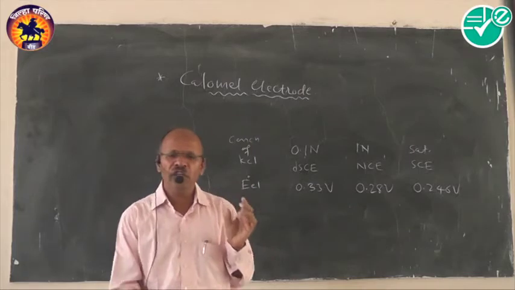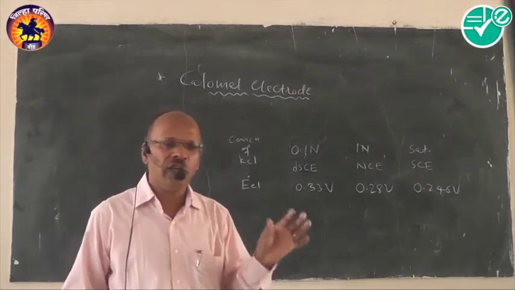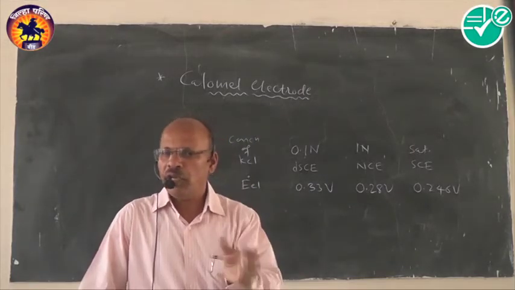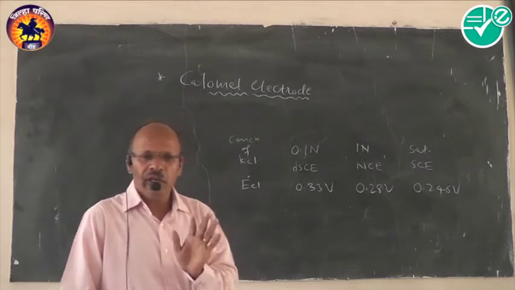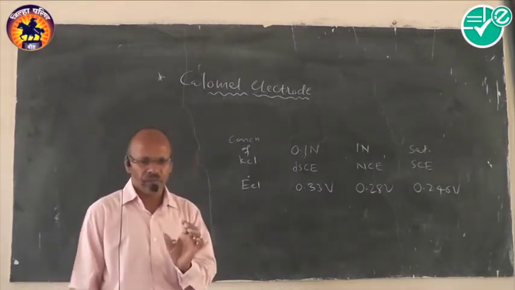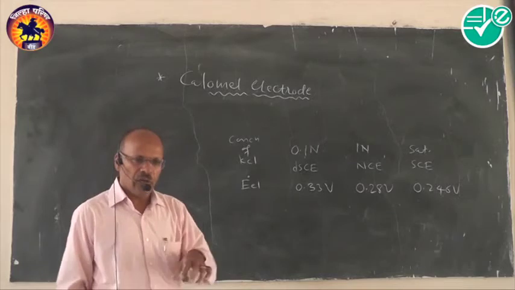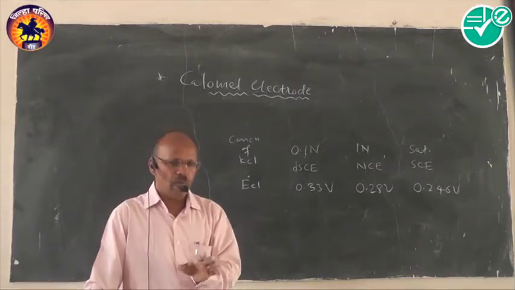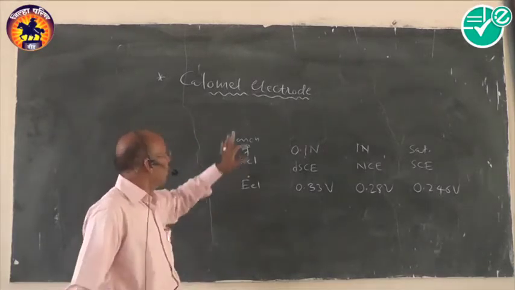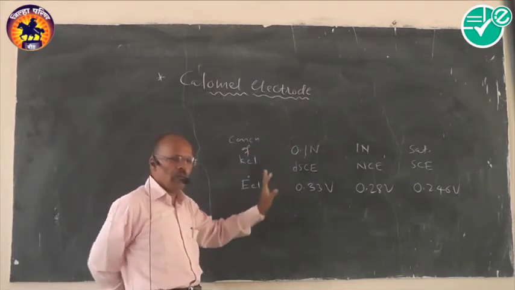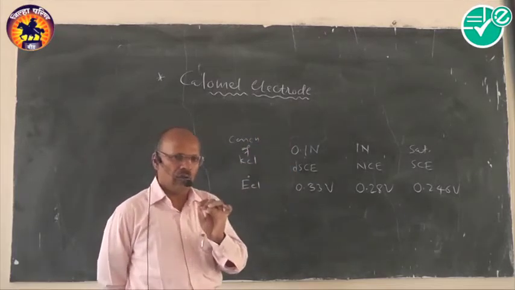Okay. Now we are thinking about some advantageous points of the calomel electrode over the SHE. We know that SHE is not handy. We cannot operate it properly, and we cannot construct it properly. But if we consider the calomel electrode, this assembly is much more suitable.